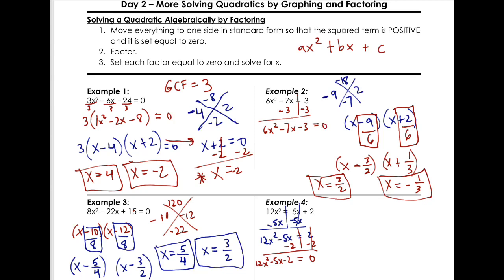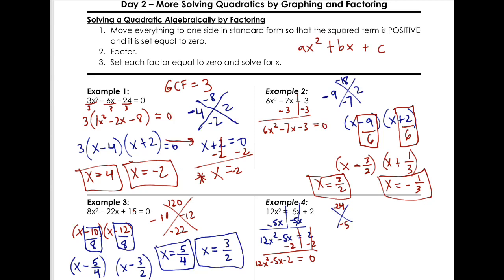factor away. First we'll look for a GCF. 5 right there, that's a prime number, so we know nothing's going to divide into that, so we don't have a GCF. Multiply a times c, that is that number times that number, and that's 12 multiplied by negative 2, that gives us negative 24, and then our b term always goes on the bottom.